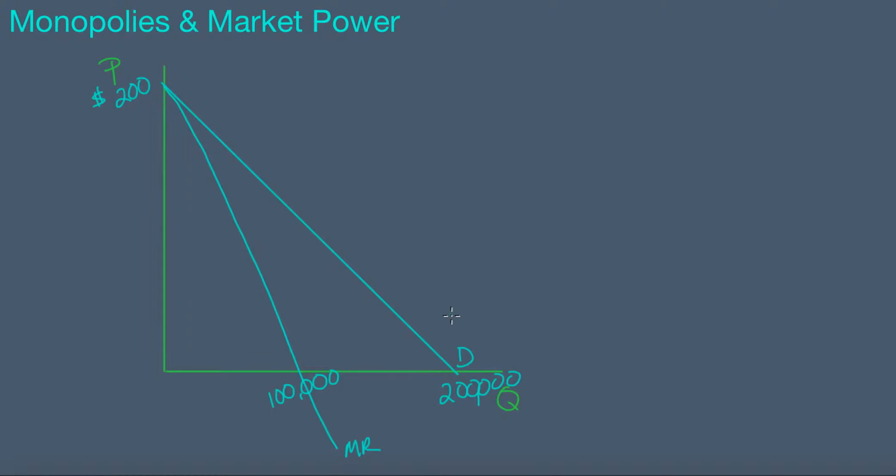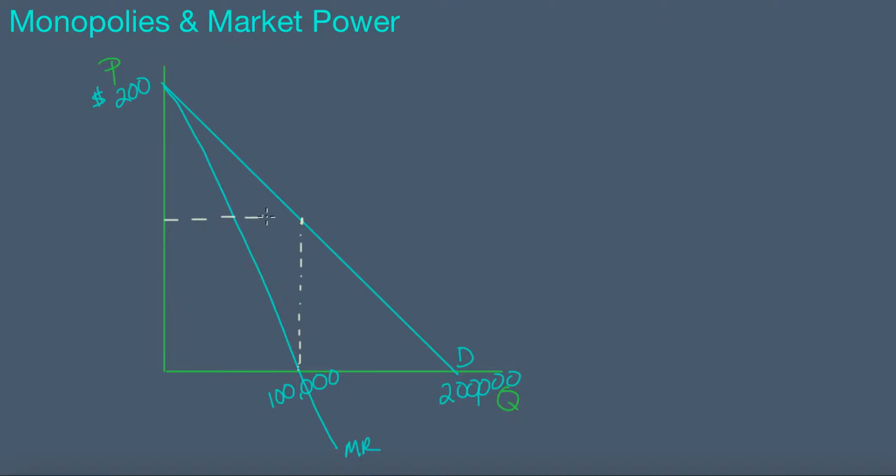So now that we have our demand curve and we have our marginal revenue curve, how does a monopoly decide where to price? Well, let me get a really light curve and say, all right, let's follow this up to the demand curve. So that's the midpoint.